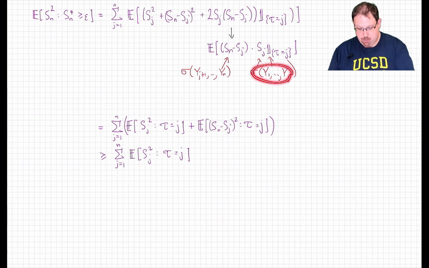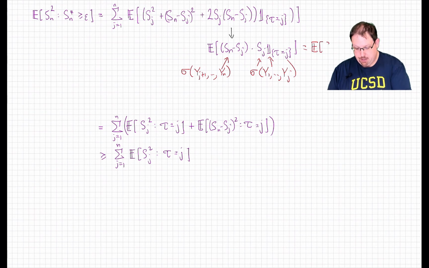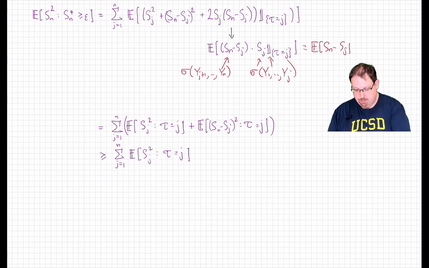And since those two sigma fields are independent, these two random variables are independent from each other, which means that the expected value of their product factors as the product of the expected values.